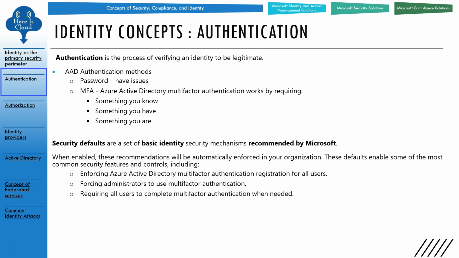Now authentication, as we mentioned earlier, is the process of verifying an identity to be legitimate. So Azure provides AAD, Azure Active Directory, authentication methods. There are 2 ways. One is the normal password, which we all know has issues. The password can be leaked, or someone can try to brute force it with the dictionary method.